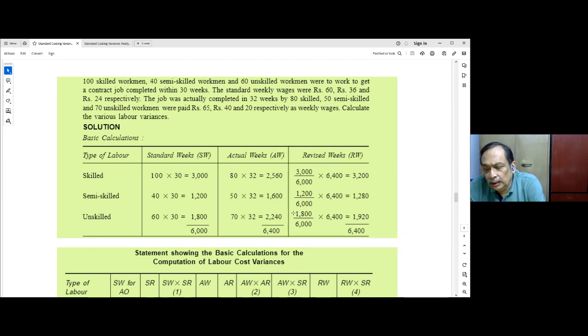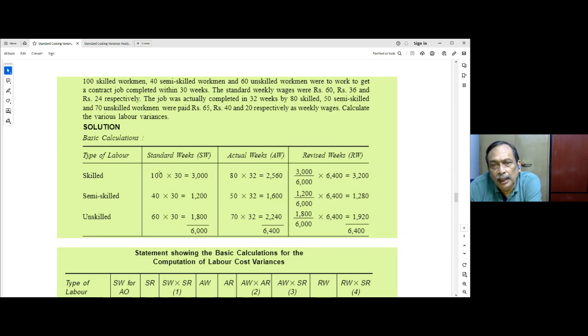So if you look at the table, you will find that we have all the information: standard weeks total, actual weeks total, revised weeks total, and actual weeks AW and revised weeks RW are the same.